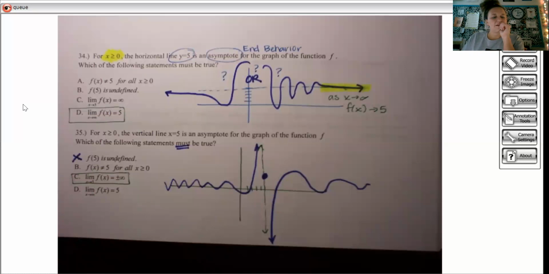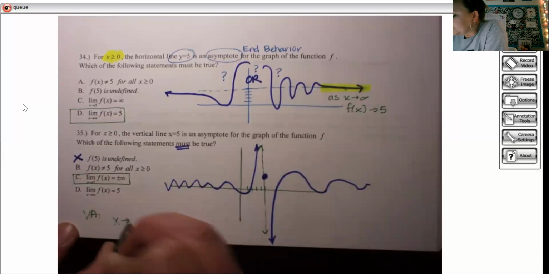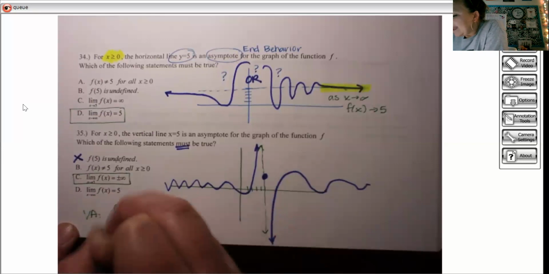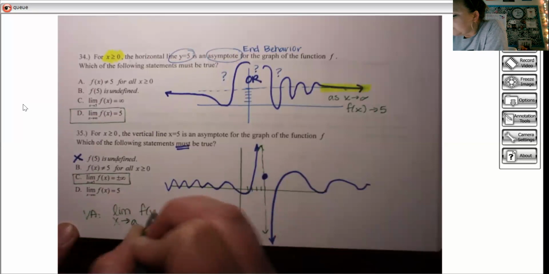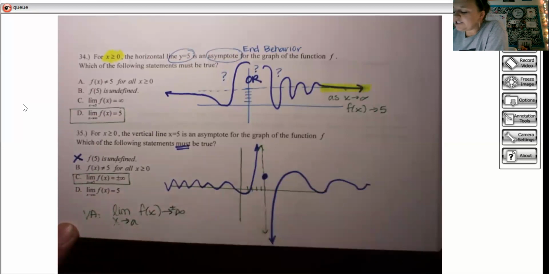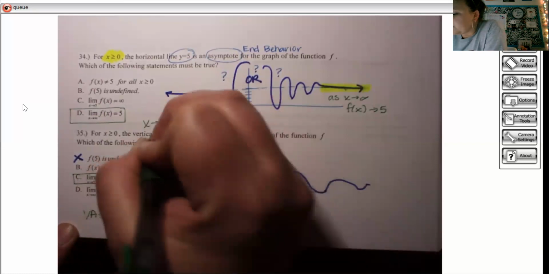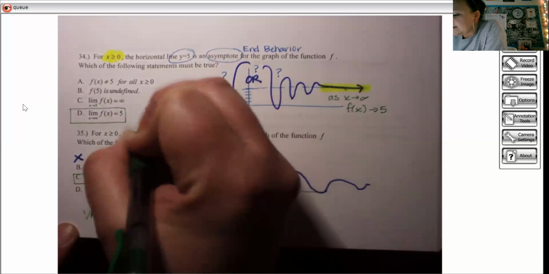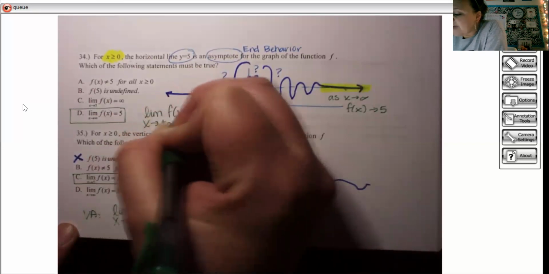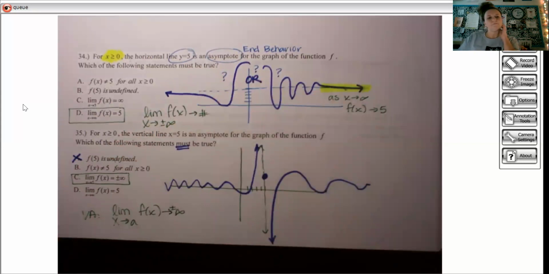So the definition for a vertical asymptote is that x is going to approach your number and f of x is going to approach one of the infinities. Versus a horizontal asymptote, your x is going to approach one of the infinities, and then your y value is going to be approaching a specific number.